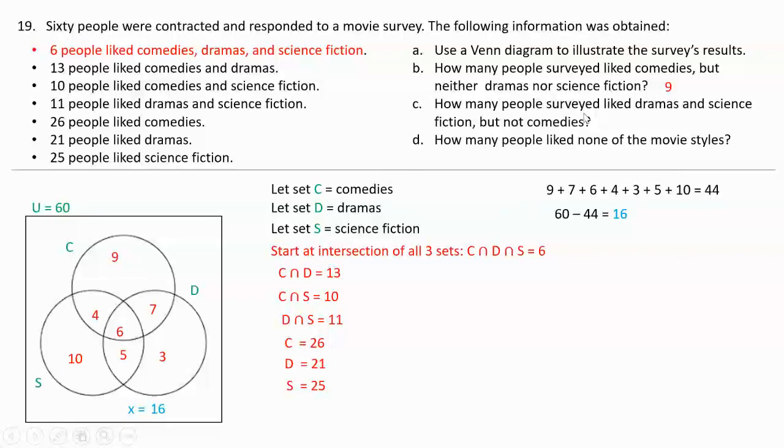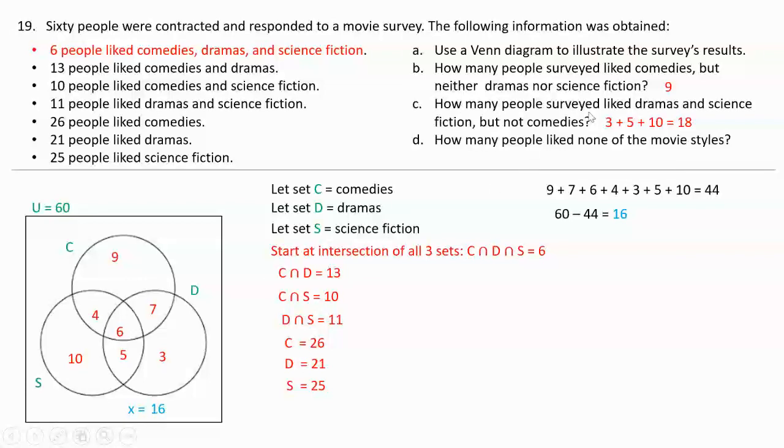Now for part C, how many people surveyed like dramas and science fiction, but not comedies? So let's go to dramas and science fiction here. It's going to be only 3 plus 5 plus 10, only these parts here, because not comedies.